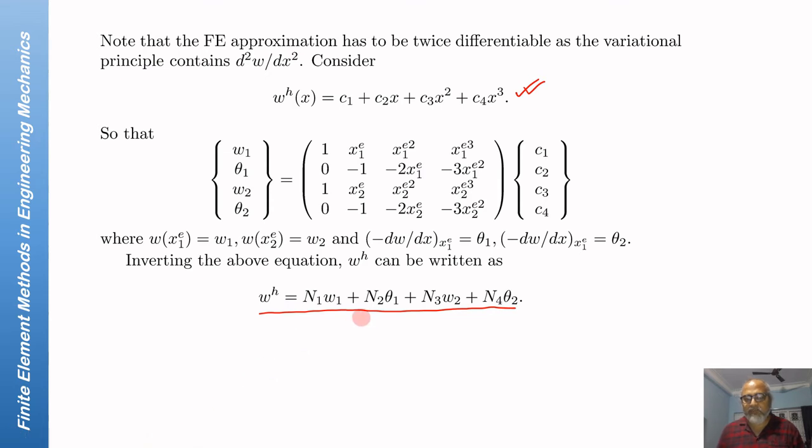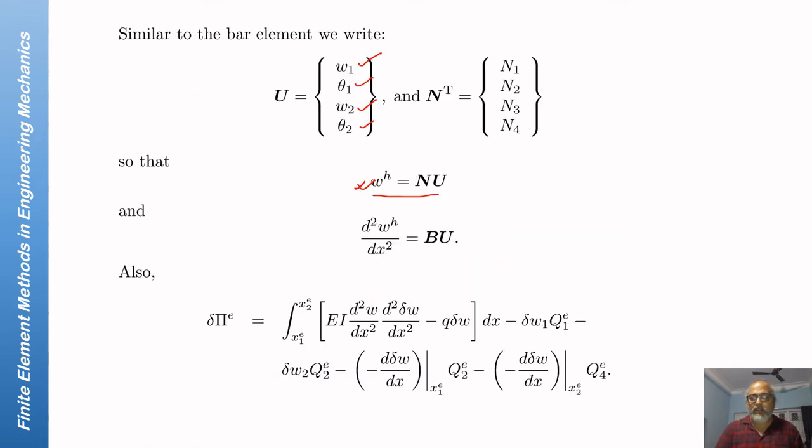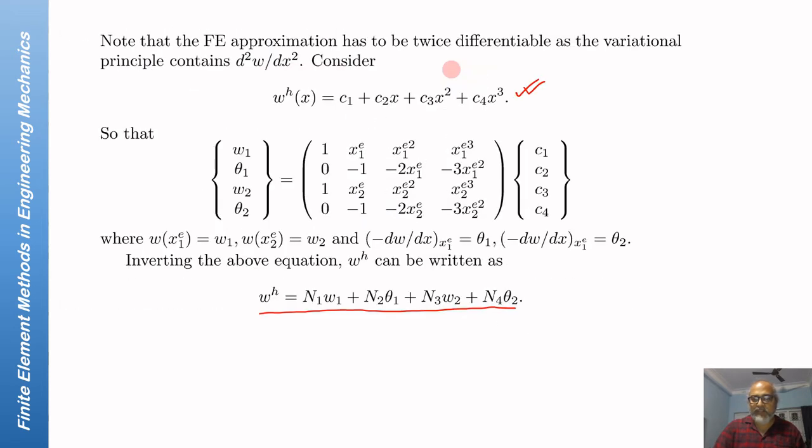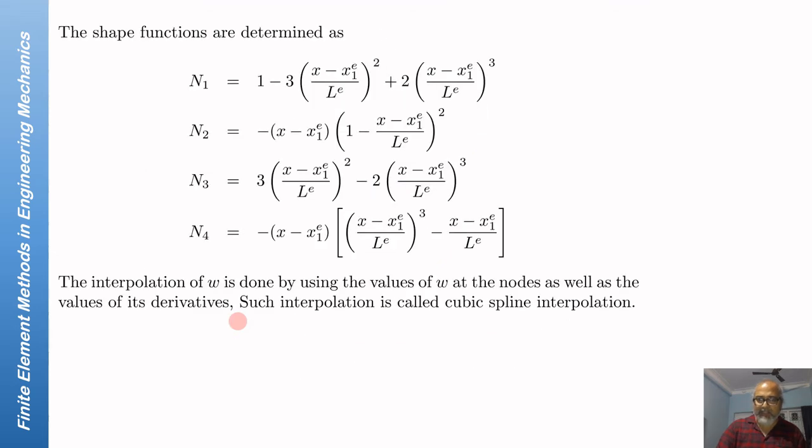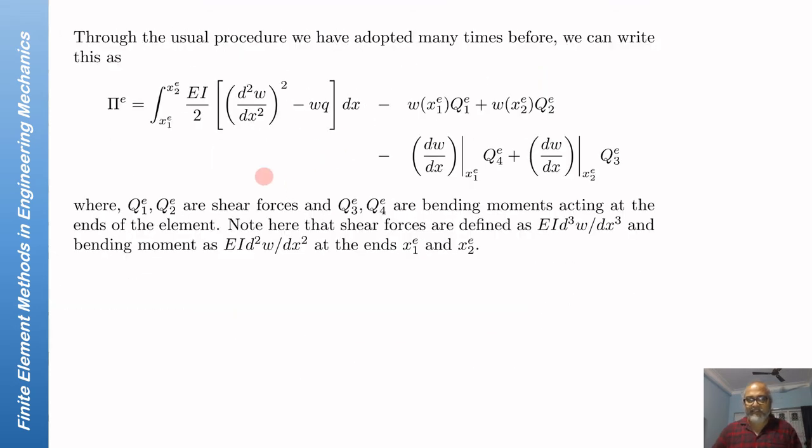So we can take this derivative twice and plug it in, so that derivative will contain w1, theta 1, w2, theta 2, that is it will contain capital U, and we can get the B matrix easily. So this is your shape function matrix. You can get the B matrix by its derivation. Then go ahead and form del pi E. Easy in this case. You take del pi E from here.